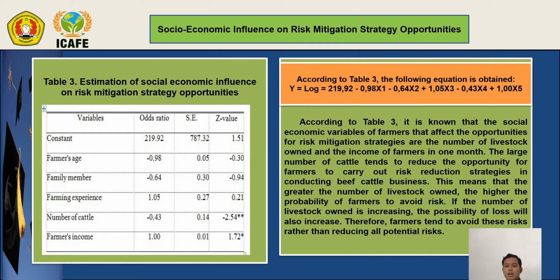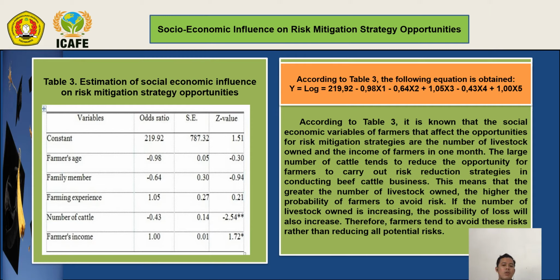A large number of cattle tends to reduce the opportunity for farmers to carry out risk reduction strategies in conducting beef cattle business. This means that the greater the number of livestock owned, the higher the probability of farmers to avoid risk.